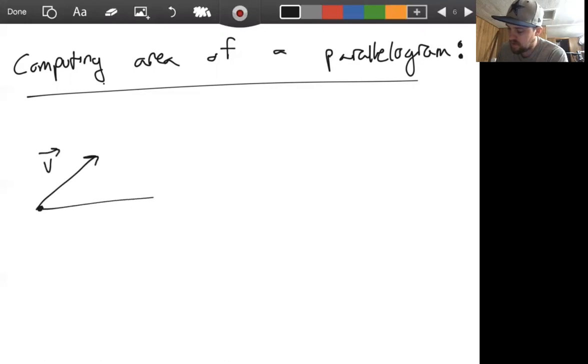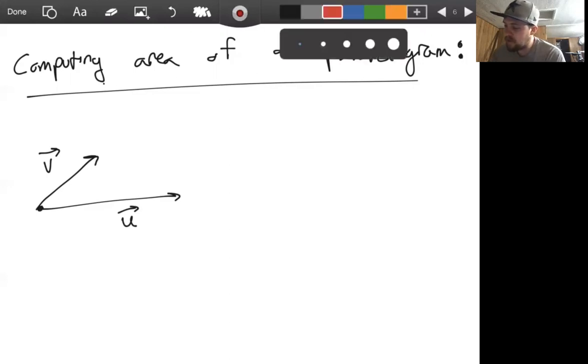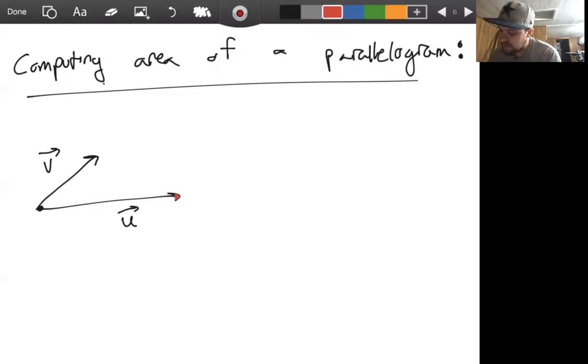Okay, so let's say we have vectors v and u here. Notice if we took a copy of v, just like you do when you're trying to geometrically understand vector addition, you take a copy of v and you place it at the end of u. And we also did the same thing with u. So here's a copy of v.